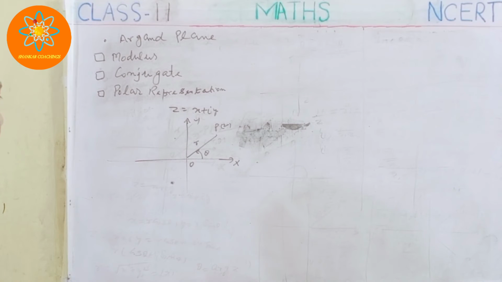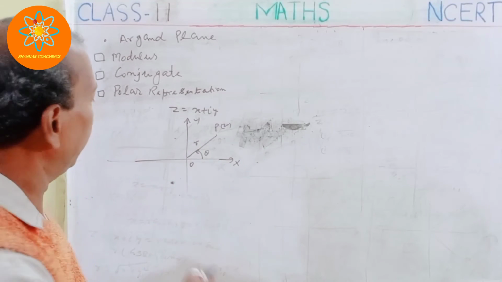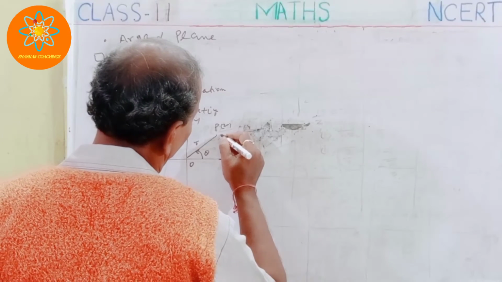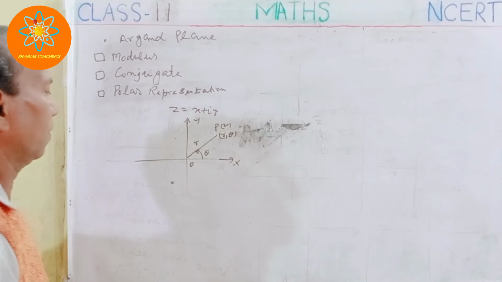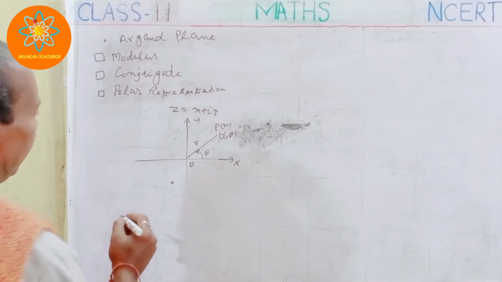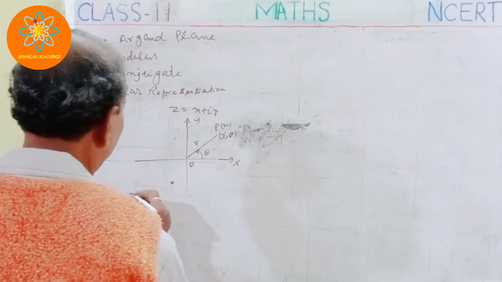So how to represent this one? P is denoted by the ordered pair R and theta. So what is the value of z?